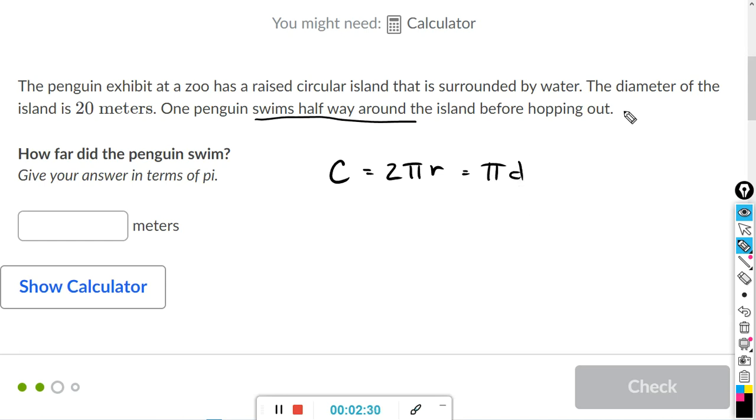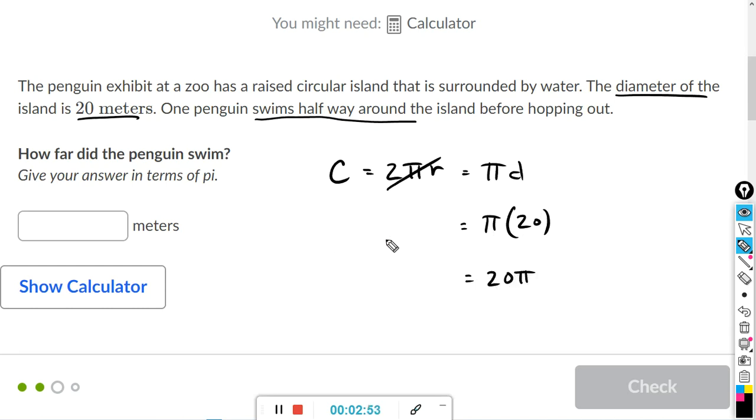All right. Now we were given diameter is 20 meters. Okay, so we're not going to use the one with r, or radius. Okay, so circumference equals pi times d, which is 20 meters. Okay, and pi times 20, of course, that's just 20 pi.